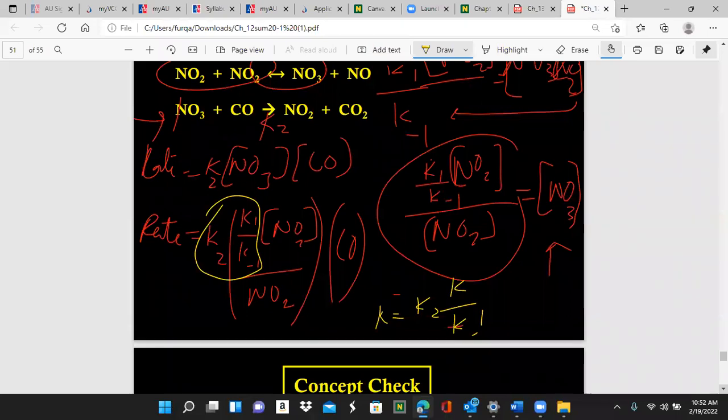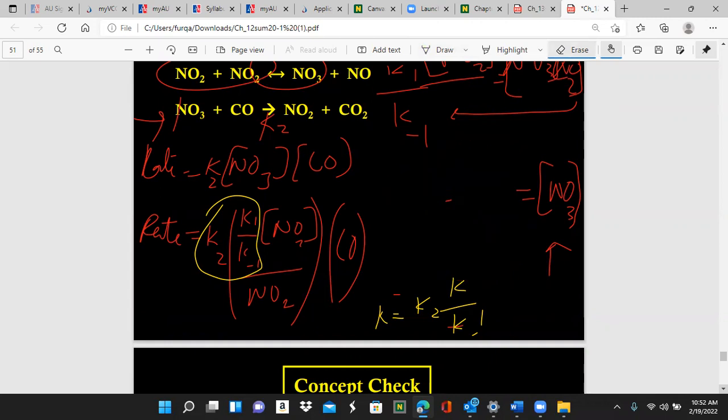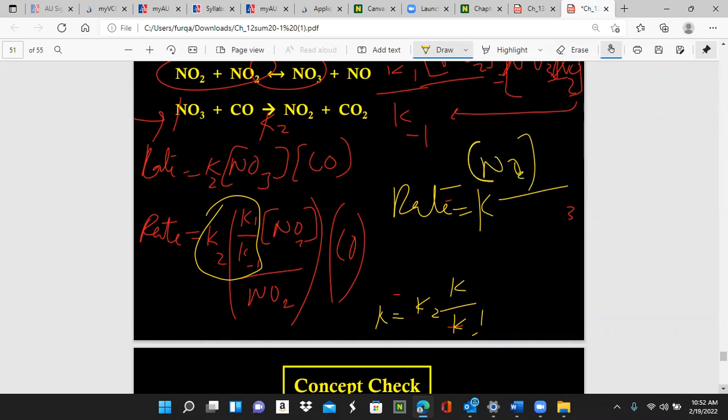I can say that the rate law is going to be, finally, rate is equal to K, and that's going to be NO2 to the power 2 CO, and then down here it is going to be NO2.